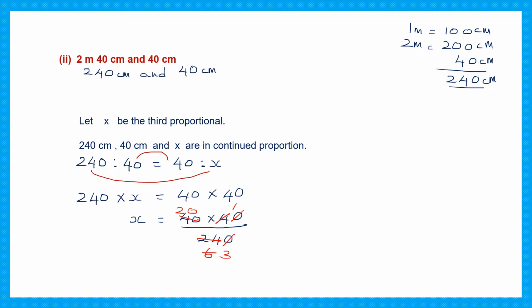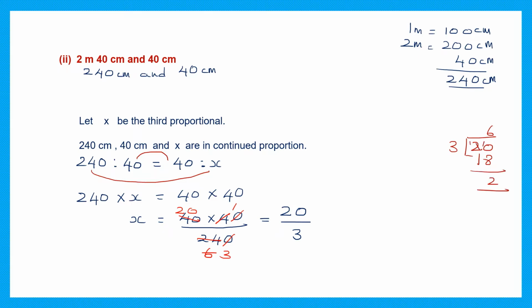So now there's nothing more I can cancel. So in my numerator I have 20 into 1 which is 20. In my denominator I have 3. Now this is 20 by 3 which is an improper fraction. Let's convert it to a mixed number. Let me divide 20 by 3. 3 sixes are 18, minus, 20 minus 18 is 2.